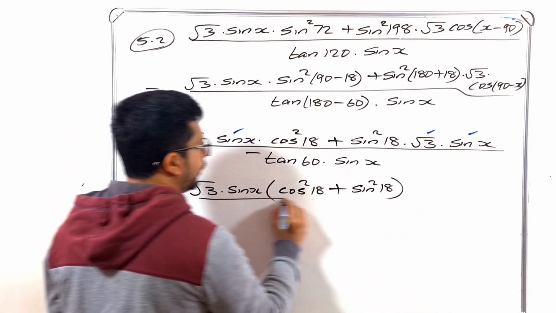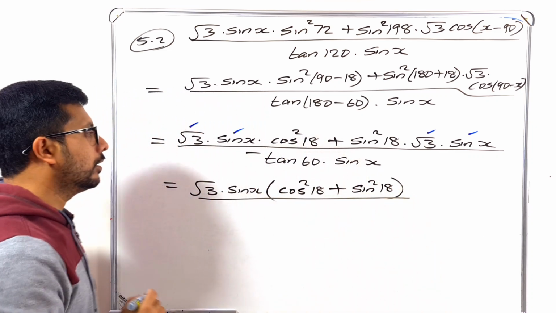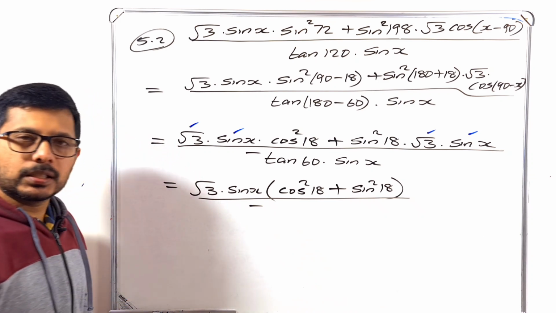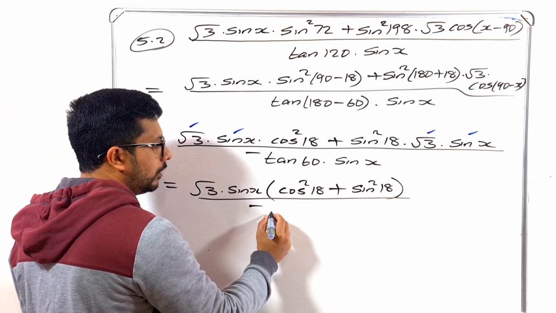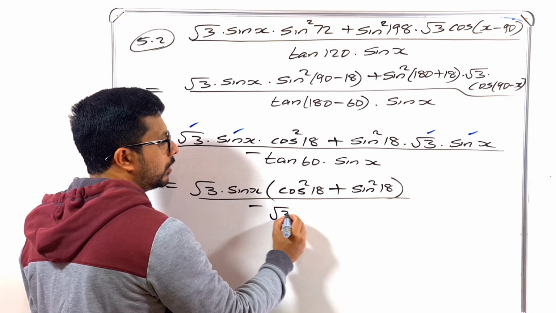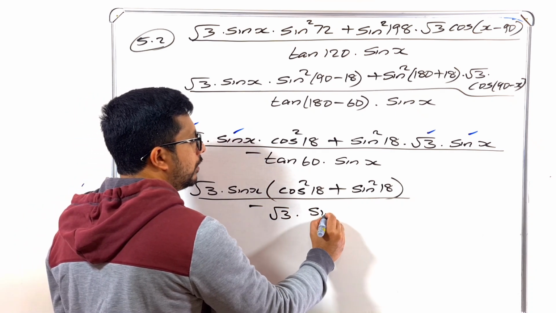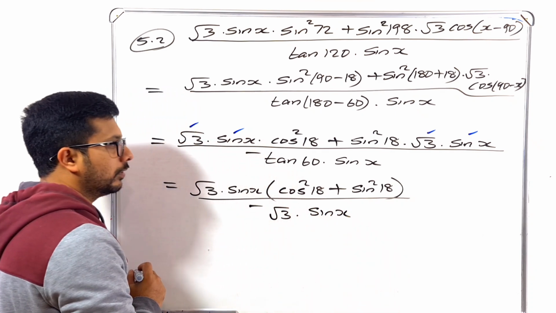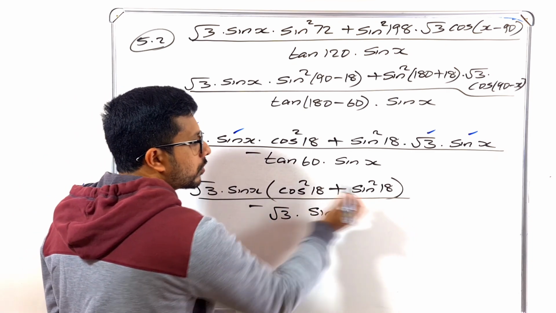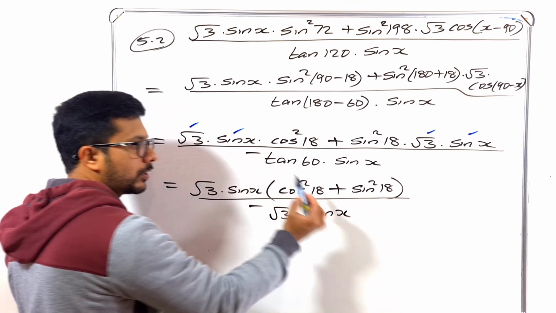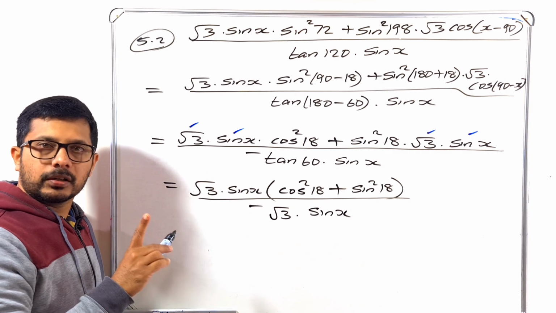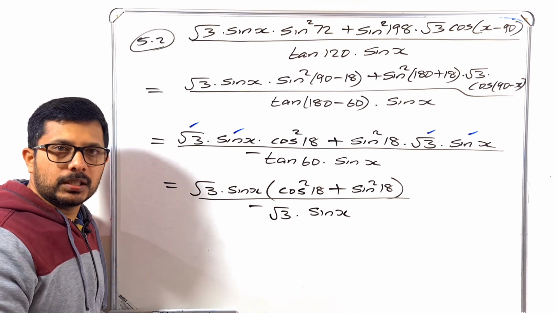The whole divided by minus tan 60 into sin x. So tan 60, what is the answer? Root 3. That's a special angle. So what is this? Cos squared 18 plus sin squared 18, or sin square 18 plus cos squared 18, that is 1. Sin square theta plus cos square theta is 1.